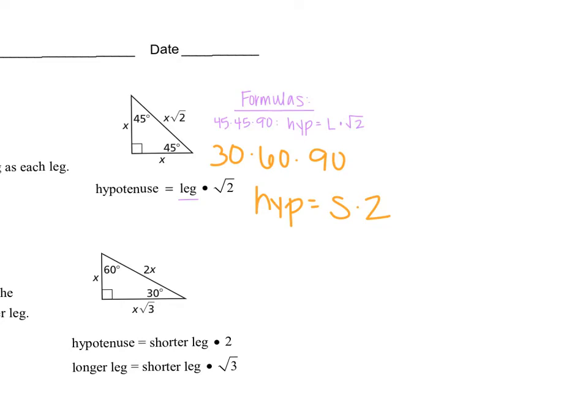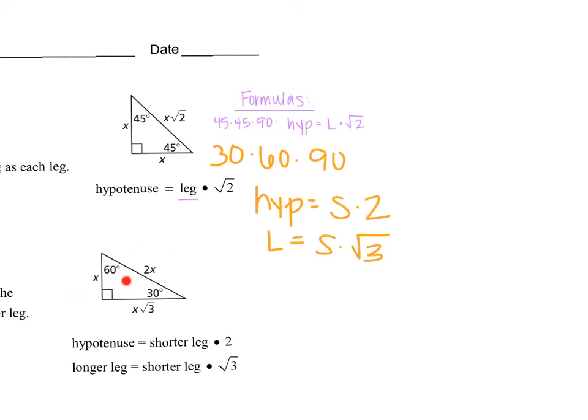Now the longer leg, so I'm going to write L for longer leg, is equal to the shorter leg times radical 3. So the longer leg is the shorter leg times radical 3. Looking at this triangle down here, you can see that this is the shortest leg.